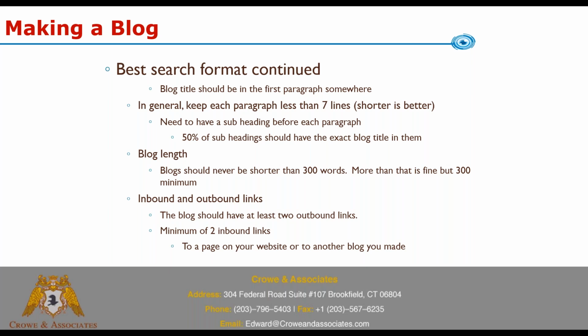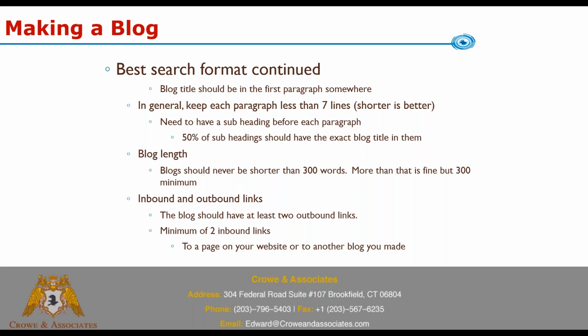So an inbound link would be a link, a hyperlink. So as you're going through your blog, you've got certain phrases hyperlinked. So when somebody clicks on those, it'll take them to another area, another website, your website, wherever. But an inbound link means it's going to something connected to you, either your website, another blog you made, maybe a YouTube video, a GoToWebinar video, something that is connected to the URL for your website, that's considered inbound.